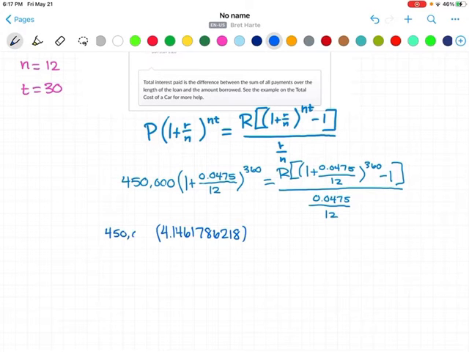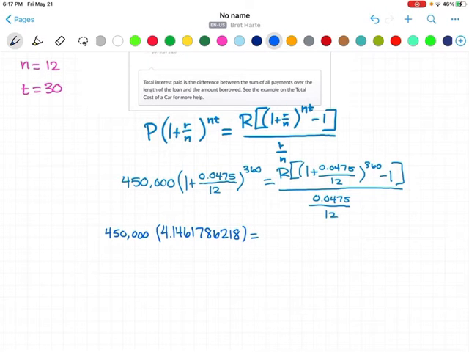Let's jump over to the right side of the equation. Again, we'll start with the fraction because it's easier to compute in the calculator. 0.0475 divided by 12, plus 1 again, and then we take that to the power of 360.